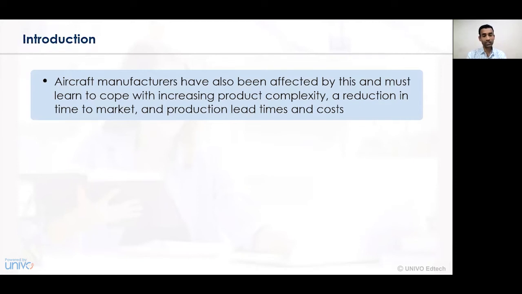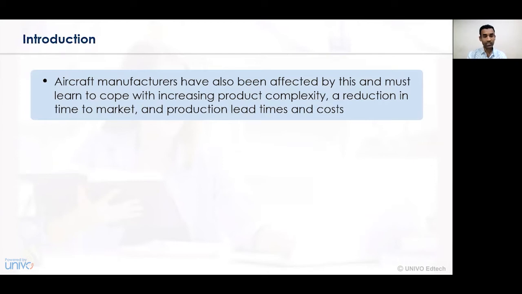In an aircraft manufacturer's industry, everything gets affected by the activities conducted according to the product. Depending on the product flexibility, complexity, and so on, a reduction in the time to market and production leads to time and cost savings, or else a cost expenditure. If the series of activities is longer and the time required is also more for a certain concern, then the time consumed and the cost expended go on increasing.